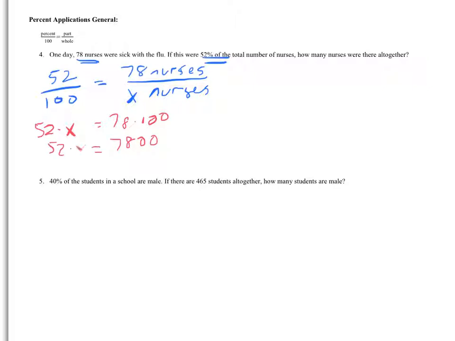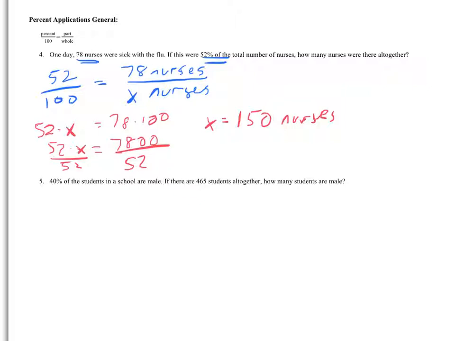And just like in all the other problems, we're going to divide by 52. And that gives us exactly 150 nurses. And that would be the total number of nurses. 78 were sick, 150 total.